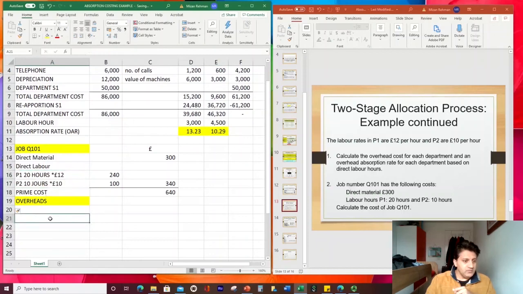Same labor hours will be used, only the rate will be different. Why? Because this rate was the labor rate and this rate is the overhead rate. So in P1 we did 20 hours. The rate will be different though, so let me change the rate. 13.23, and in P2 again the rate will be 10.29.